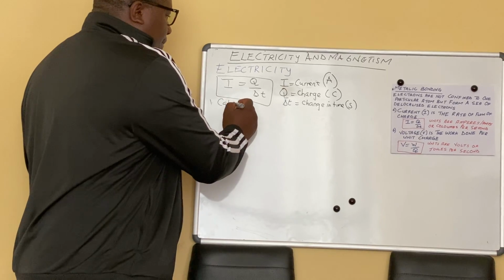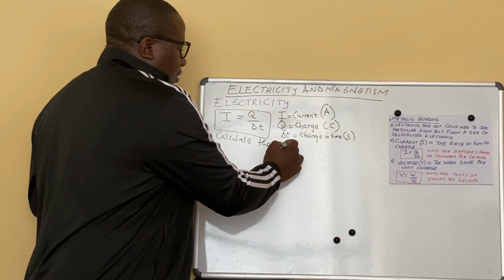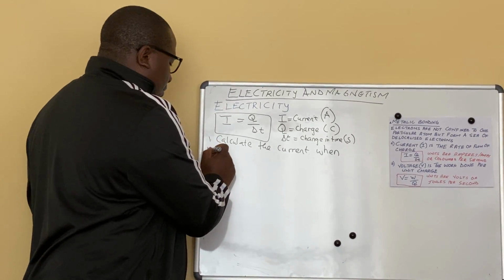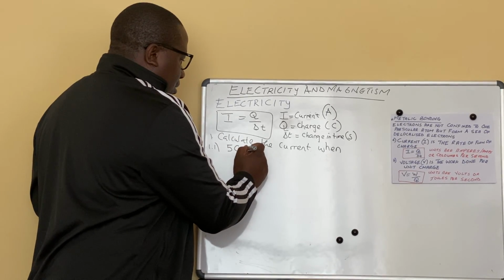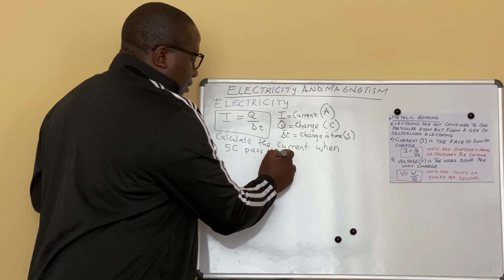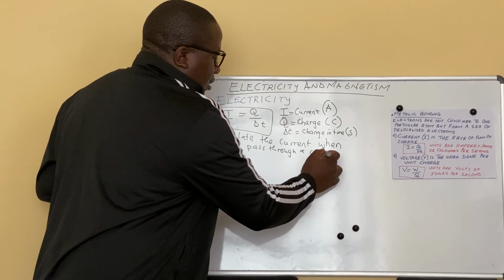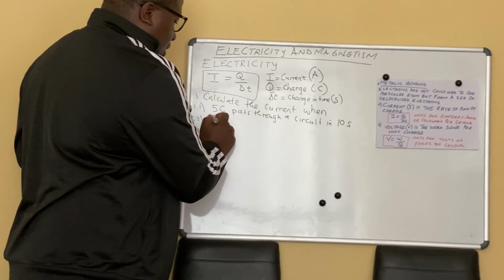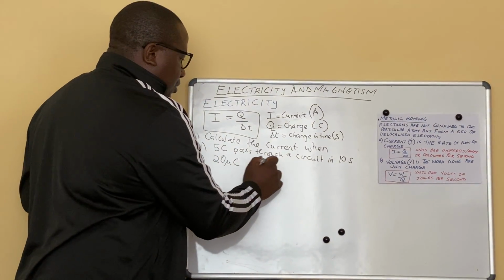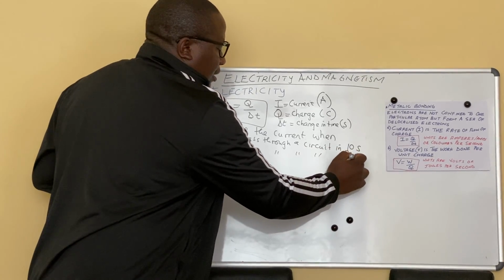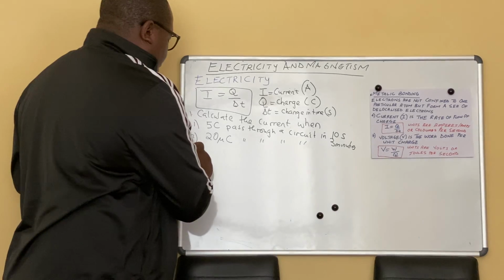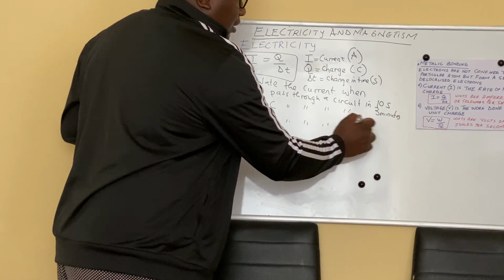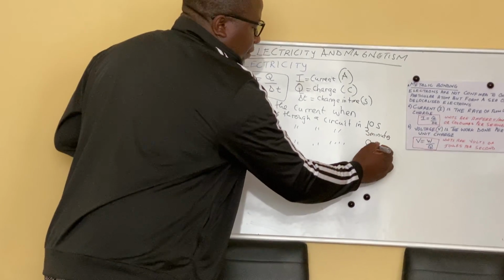Let's say calculate the current when, let's say question 1.1, 5 coulombs pass through a circuit in 10 seconds. 1.2, 20 microcoulombs pass through the circuit, this time in 3 minutes. 1.3, let us say 8 nanocoulombs pass through a circuit in maybe 0.5 seconds.